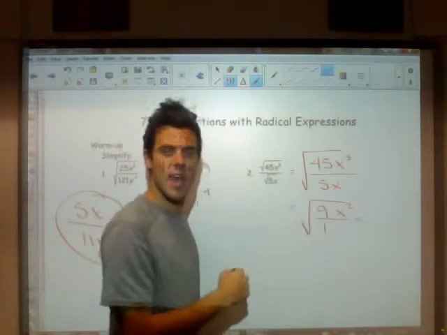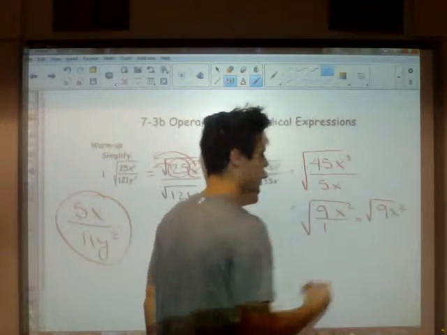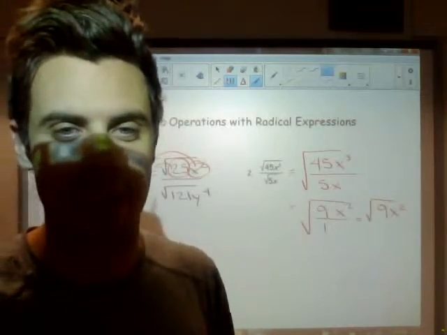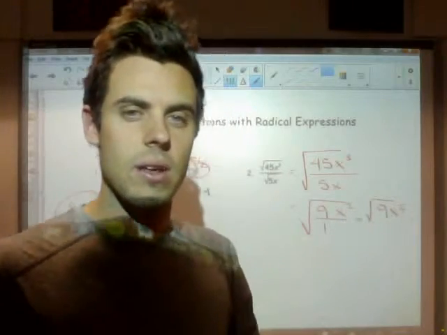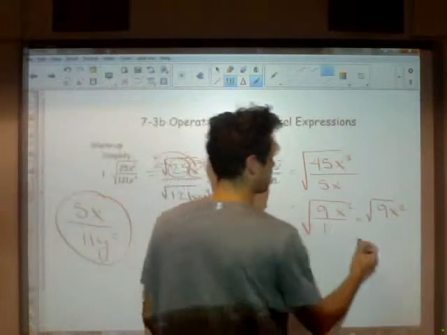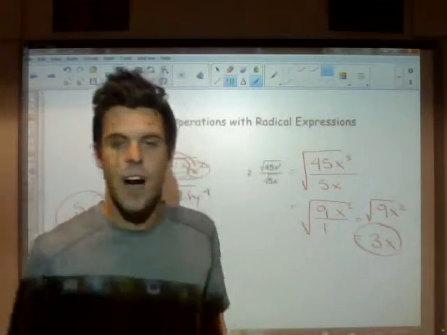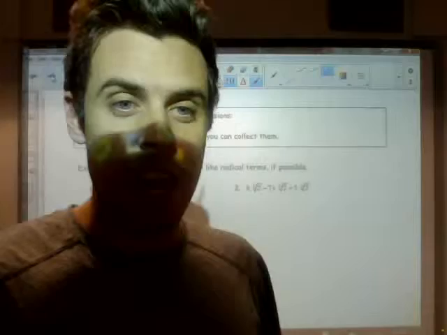That's the same thing as square root of 9x squared, because that's just over 1. And we can simplify that. The square root of 9, that's 3. And the square root of x squared, that's x. And that's your final answer there. Go ahead, ask your partner if you have any questions.